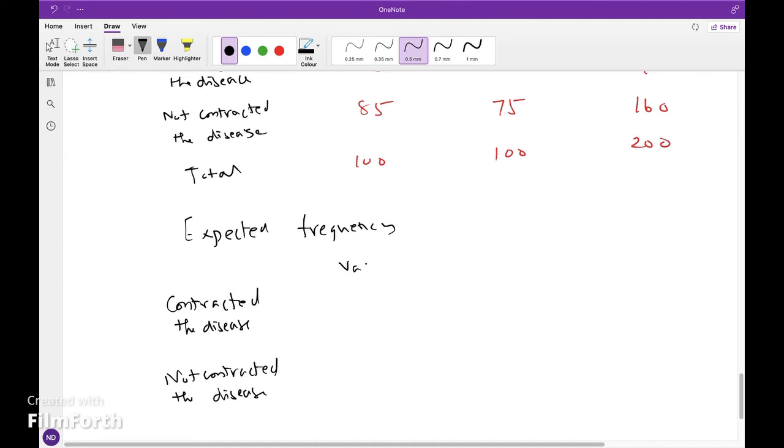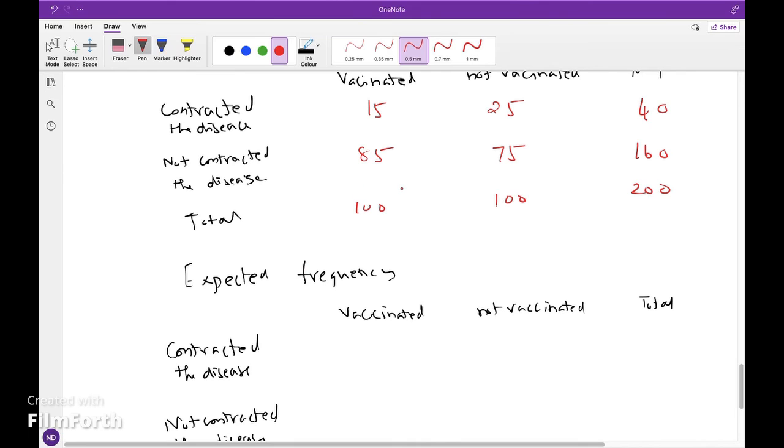Vaccinated, not vaccinated, total. Already we know that formula.